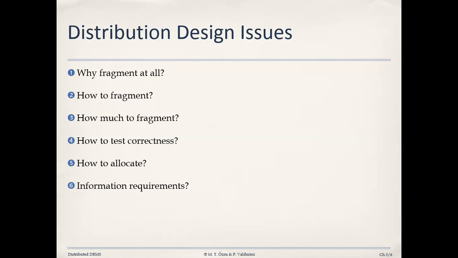And what type of information is required for each fragment? Whenever you partition, you need certain information about the data: how much data there is and what kind of data it is. All that information is required whenever you are dealing with such problems. So these are called distribution design issues.